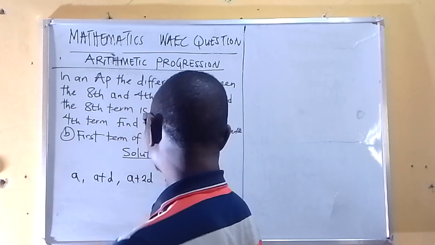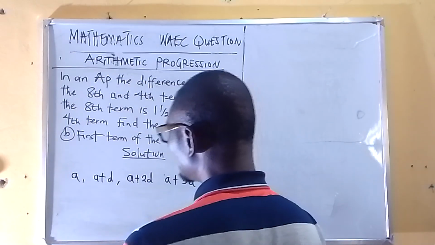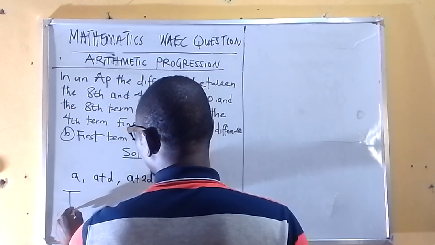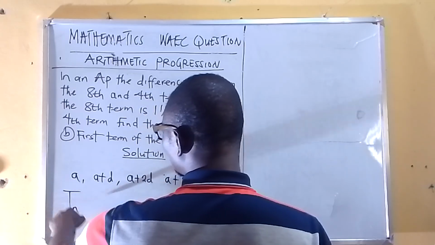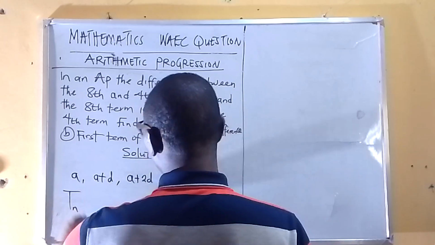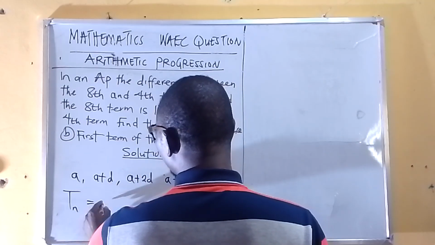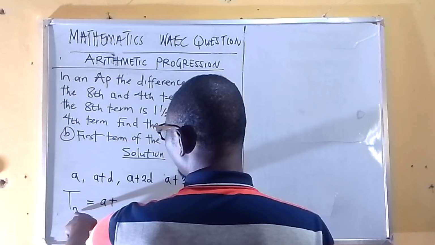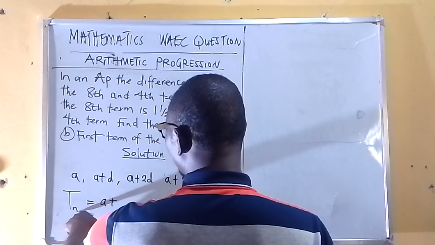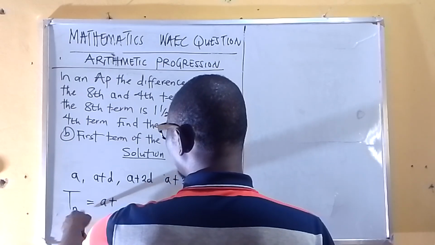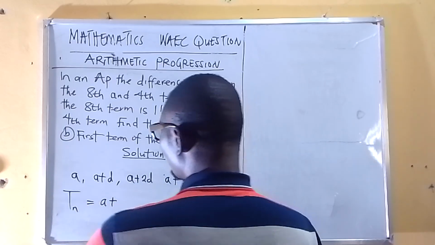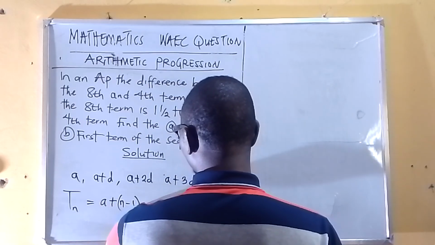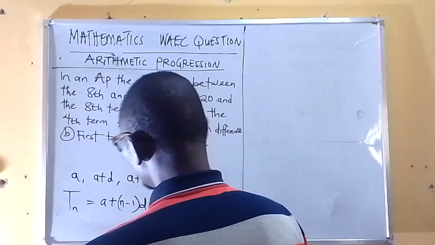Now, the nth term of an arithmetic progression: the capital T is denoted as the term. That is, the nth term of an AP will be the first term plus n minus 1, that is, taking 1 away from the number of terms, which is n minus 1, multiplied by the common difference.